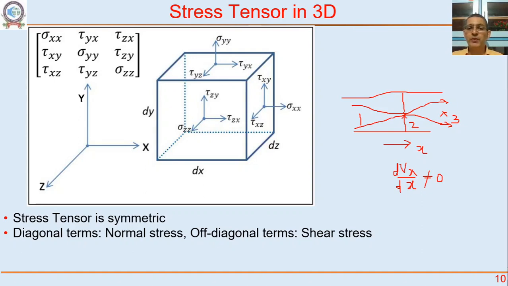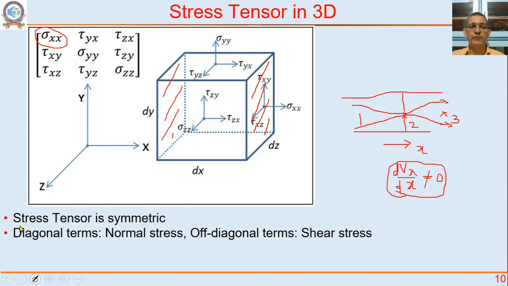Try to visualize that. So dVx by dx non-zero can lead to elongation or compression. We call that an elongational or compression stress. We are going to denote that by sigma xx. So that sigma xx, because of dVx by dx, will act on the right face and the left face of this element.